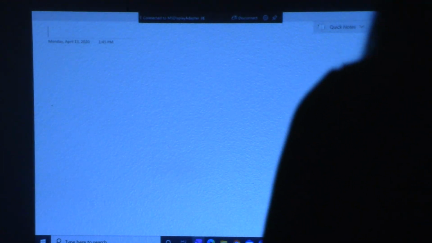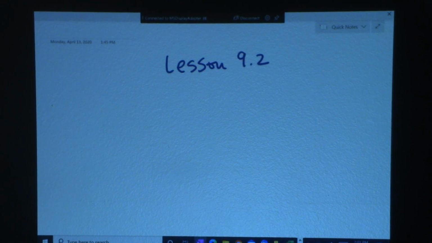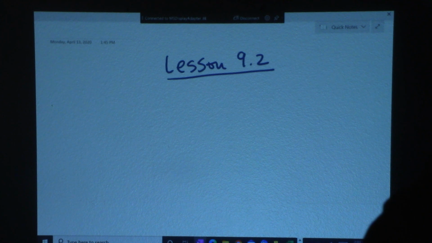So I'm going to sit down now and put my overhead on so that we can take some notes. So this is lesson 9.2. I trust you have a piece of paper and a pencil ready to get started.